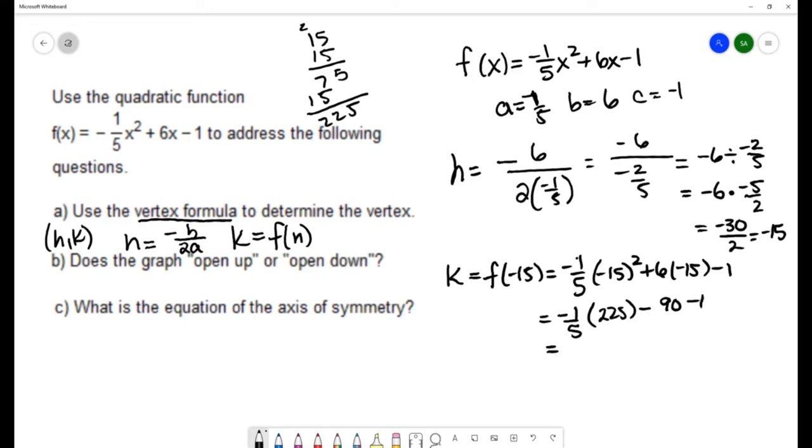And 5 divided into 225 goes in there 45 times. So we get -45 minus 90 minus 1.